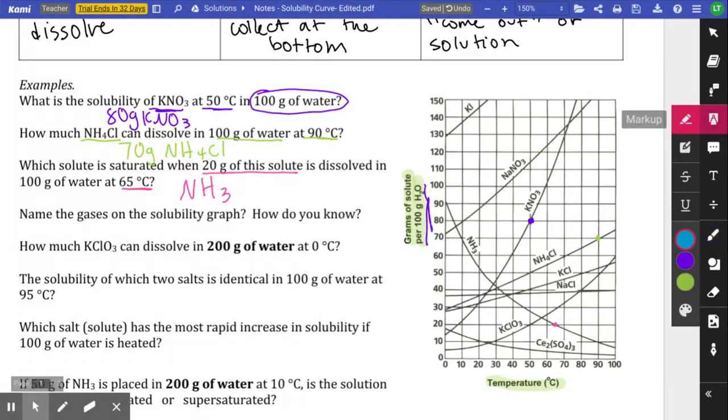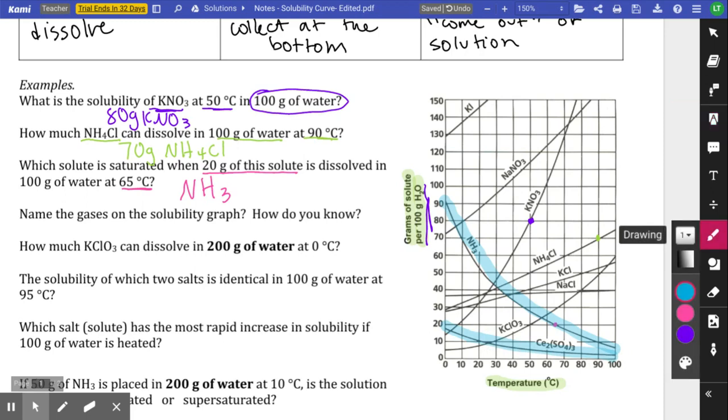Looking at my graph, I can see that NH3 solubility is decreasing, and Ce2SO43, its solubility is decreasing as well. So those are going to be my two gases: NH3 and Ce2SO43.